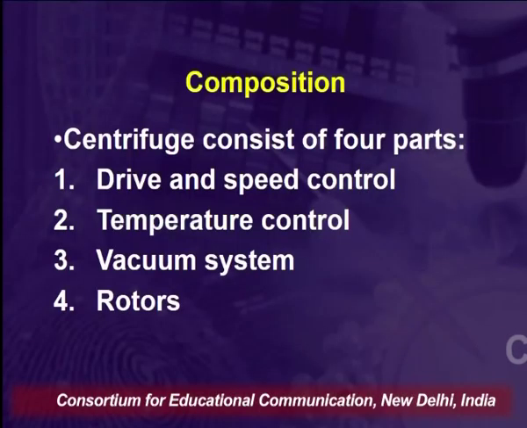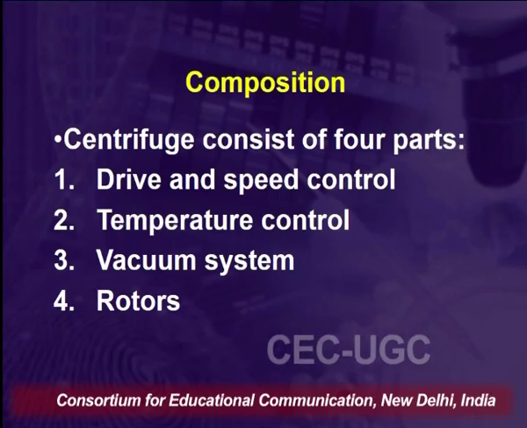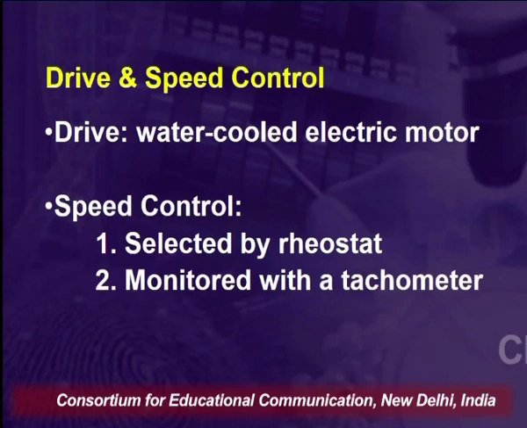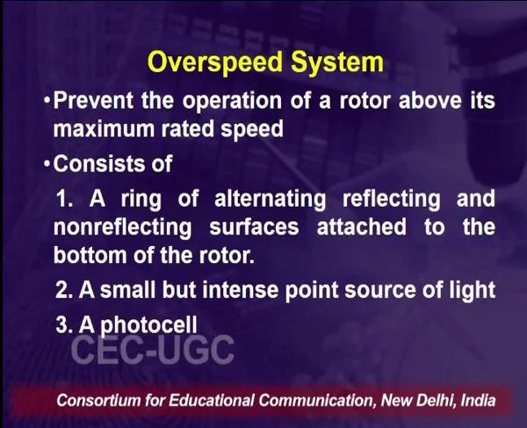They are composed of 4 parts: drive and speed control, temperature control, vacuum system and rotors. For the drive, a water cooled electric motor is used. Speed is selected by a rheostat and monitored with a tachometer. With the overspeed system, we should prevent the operation of a rotor above its maximum rated speed.